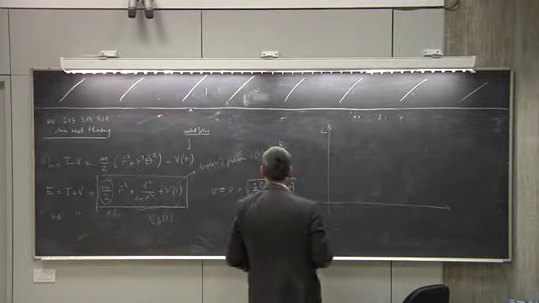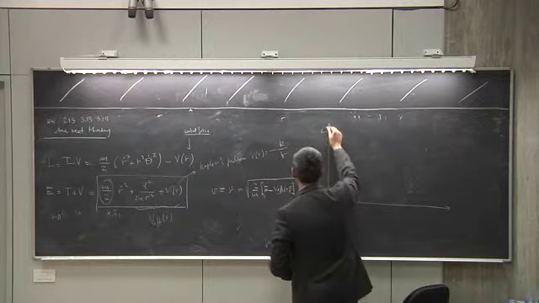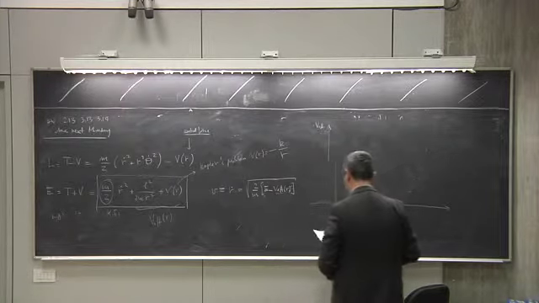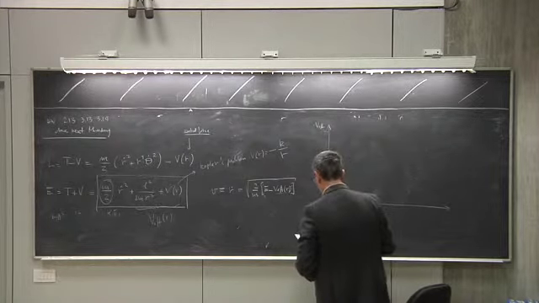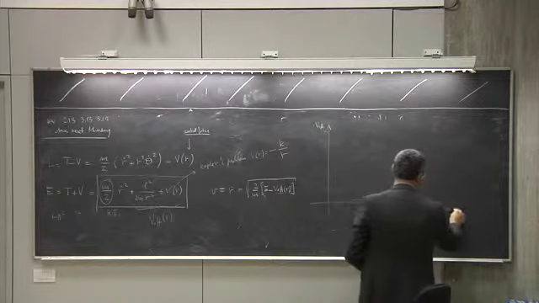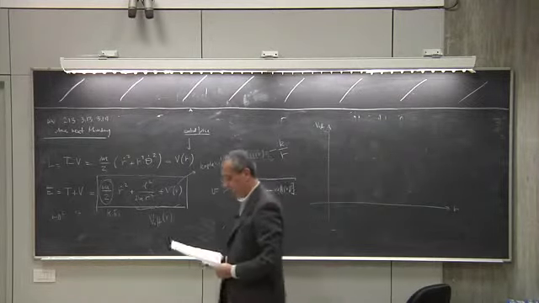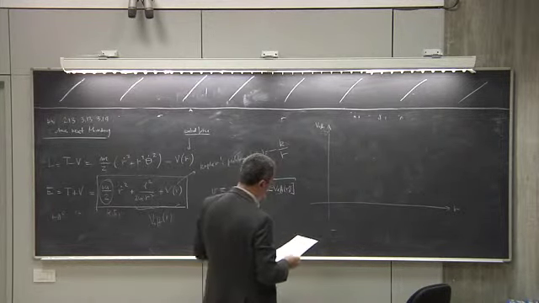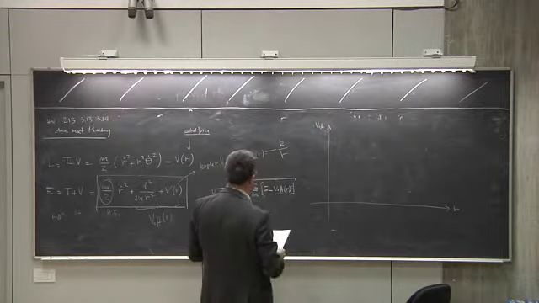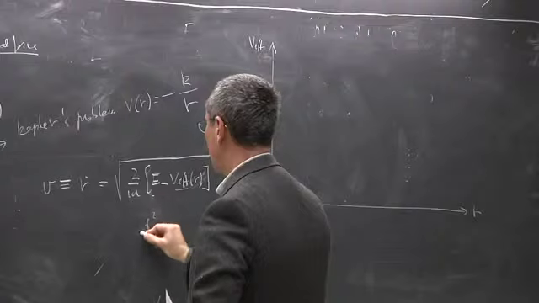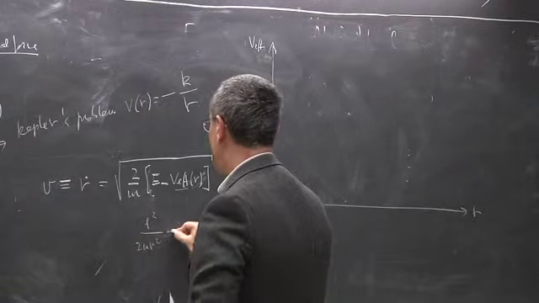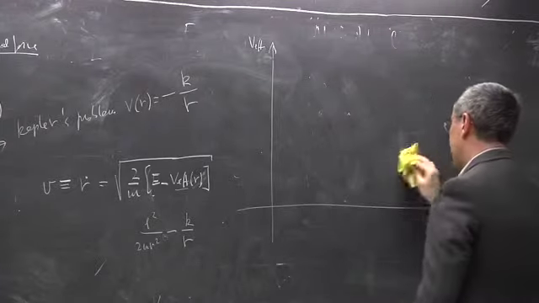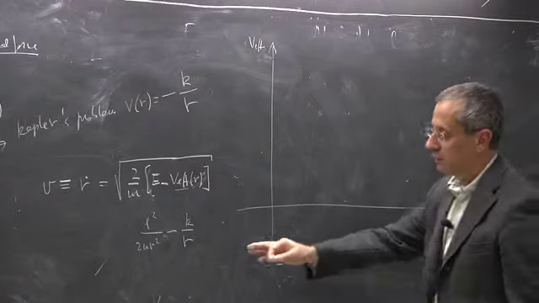So then you can plot the effective potential, with r on the horizontal axis. The effective potential is made of two parts, because I have L squared over 2mr squared minus k over r. So let's draw first the two terms.